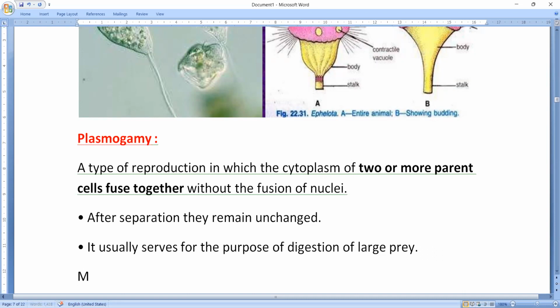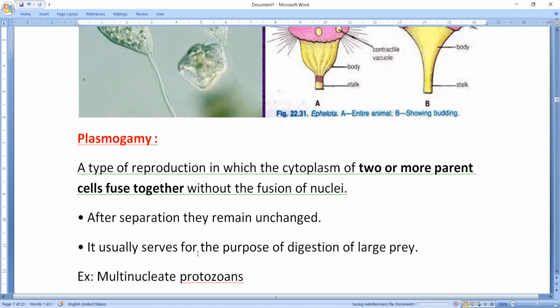So what is the importance or need for this kind of plasmogamy?